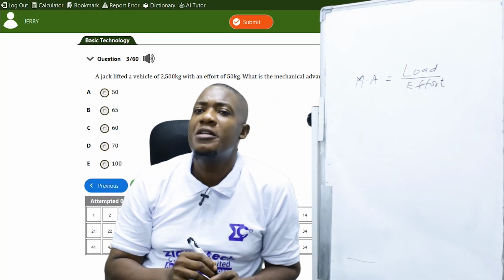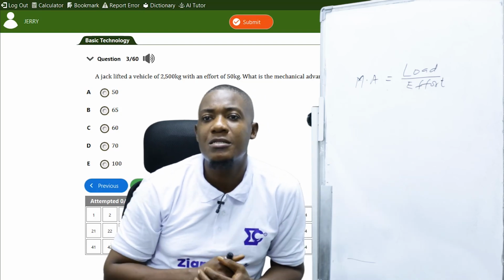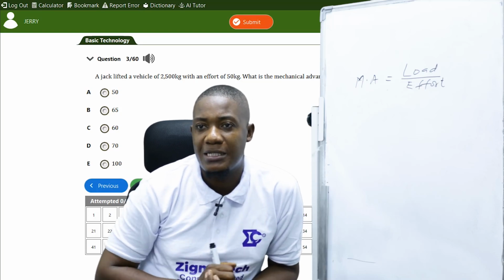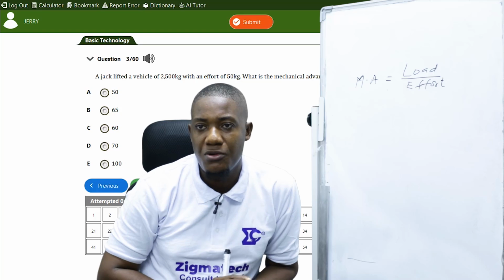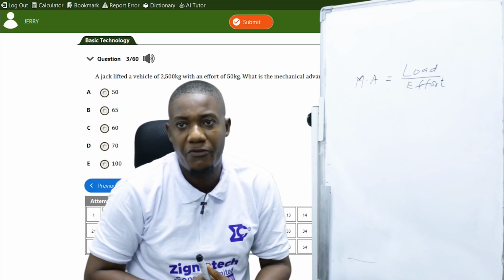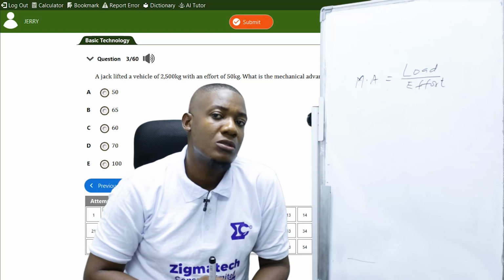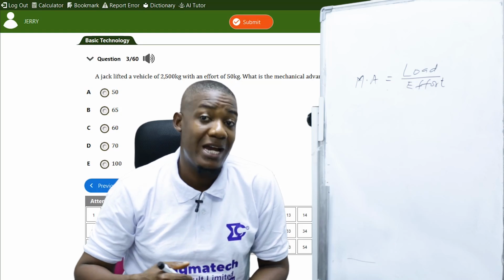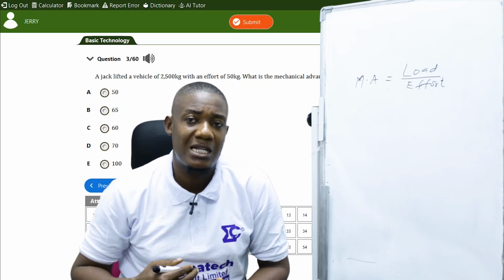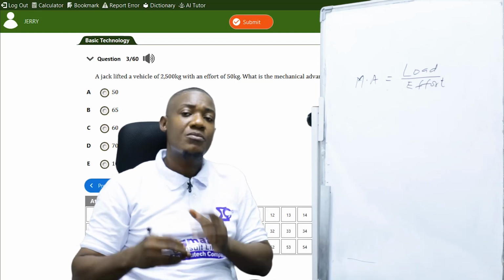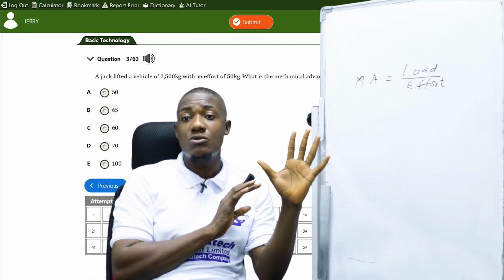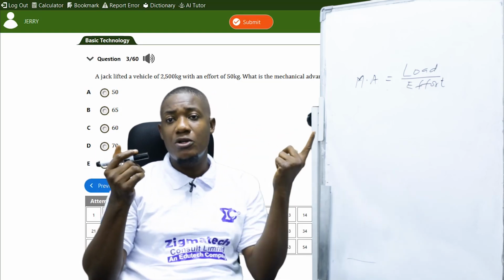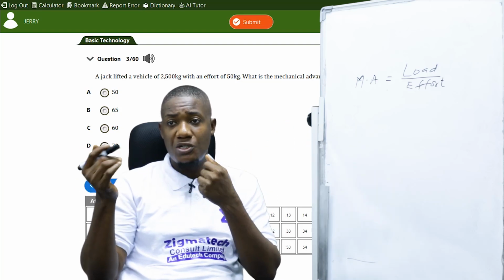But in the question, they gave us masses, because that unit, kilogram, is for mass, not for force. But we know that force is equal to mg, where g is acceleration due to gravity. It's actually 9.82 meters per second squared, but approximately 10 meters per second squared. We're going to use the approximated value of g to solve the problem.